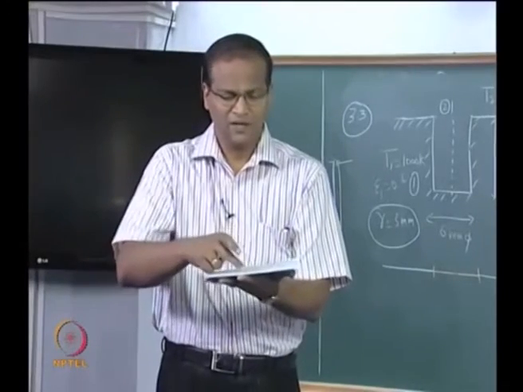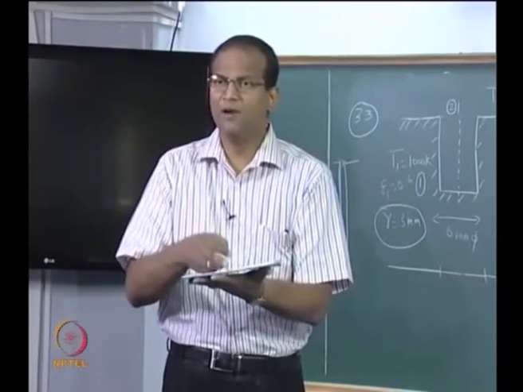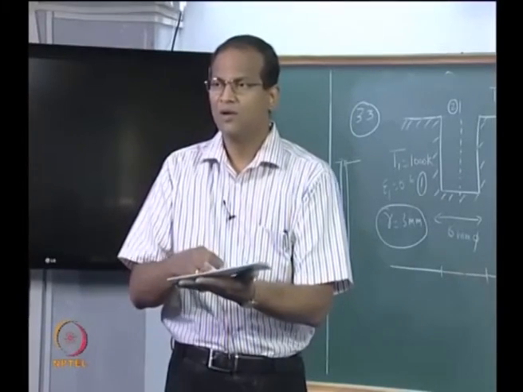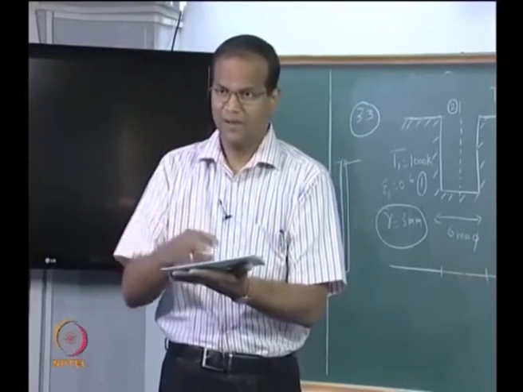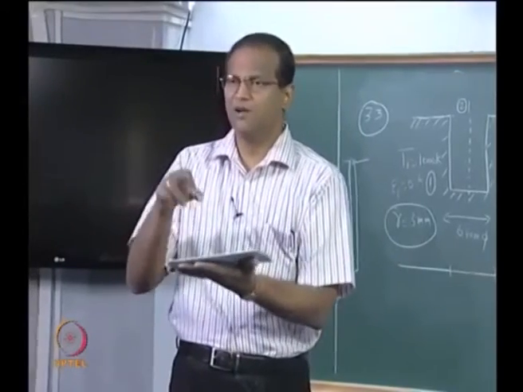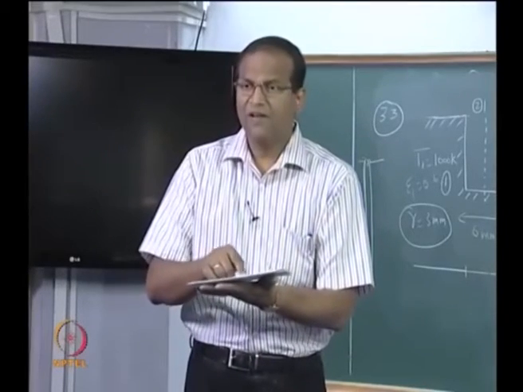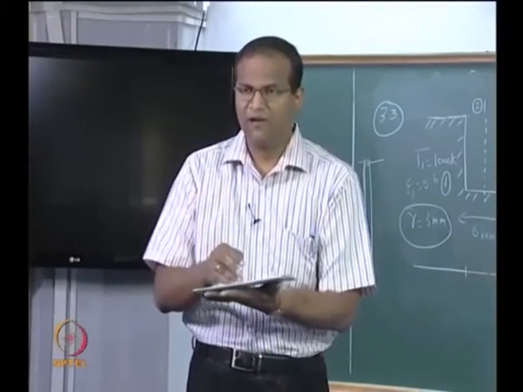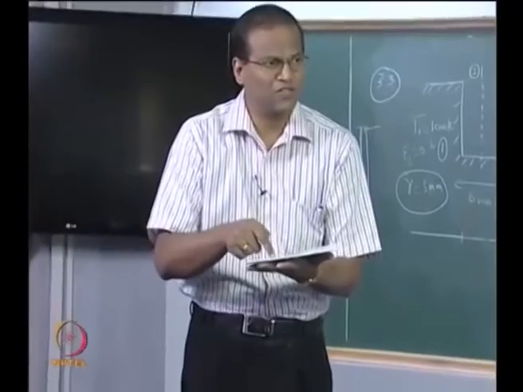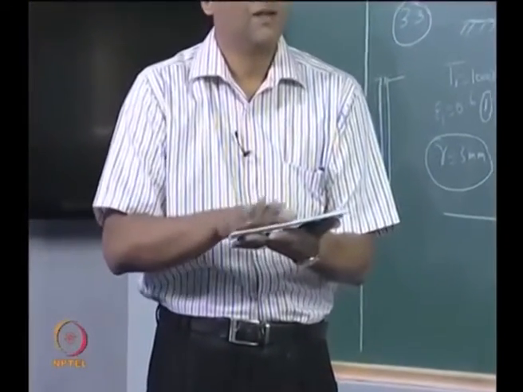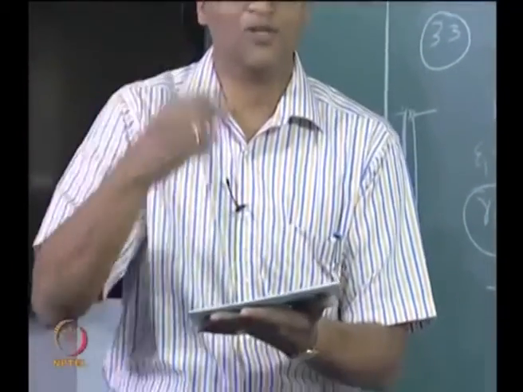I have the surface, if I take a 6 millimeter hole, the area is pi d square by 4, it can emit only pi d square by 4 into sigma into 0.6 into 5.67 into 10 to the power of minus 8, okay. The maximum will be 1 into sigma into 8 into 5.67 10 to the power of minus 8. Now if I have a gray diffuse material with an emissivity of 0.6, for example for a hole of 6 millimeters diameter, there is only this much, there is a finite amount of heat transfer it can emit, it can lose to the surrounding.